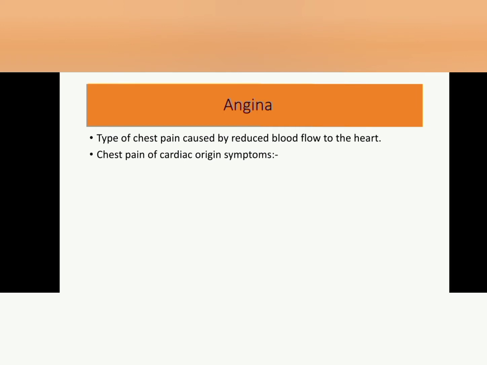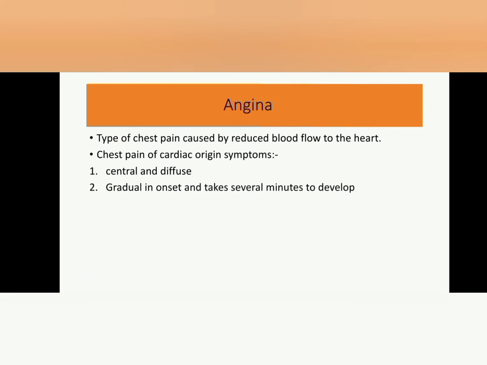Chest pain of cardiac origin symptoms. It means that chest pain is not just present in angina. It is a common symptom in many diseases, like chest pain is present when there is a problem in the respiratory system. So the differential clinical features of chest pain in angina are: the chest pain in angina is central and diffuse.